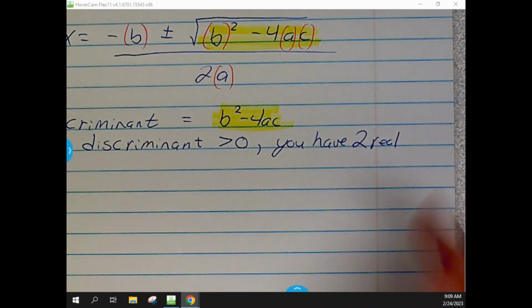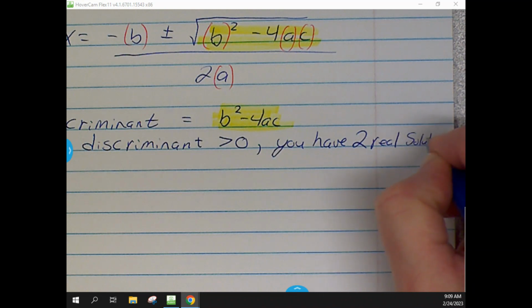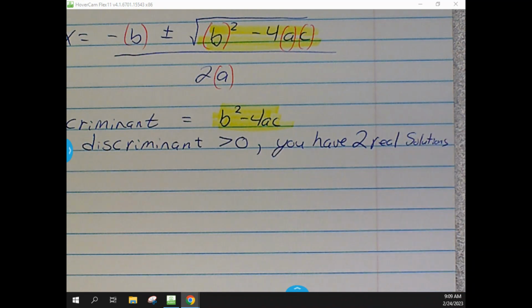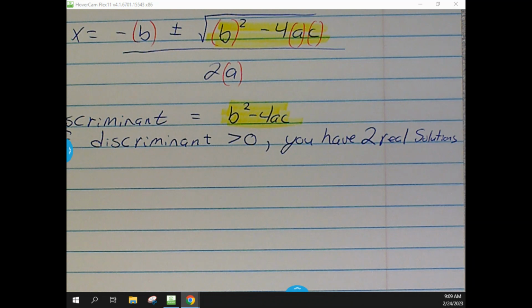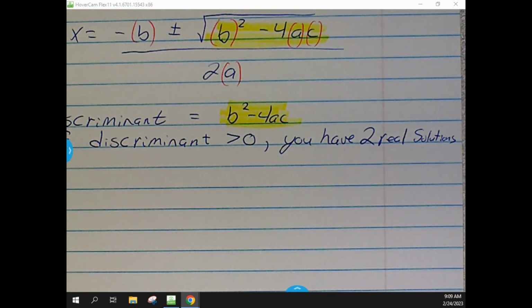I'm running out of room here. So if your discriminant's greater than 0, you're going to have 2 real solutions. That's if we had, like we had up here a minute ago, square root of 150. You can break it down and make it plus or minus whatever it is when we break down that part.